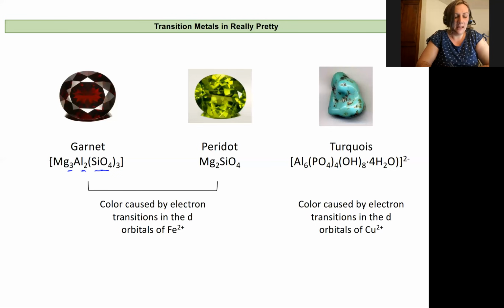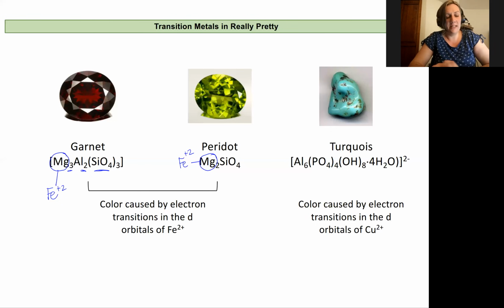This magnesium is oftentimes an iron molecule as well. And similar in peridot, this magnesium 2 silicate is one form of it, but it is also often an iron atom as well, an iron plus 2 in both of these cases.